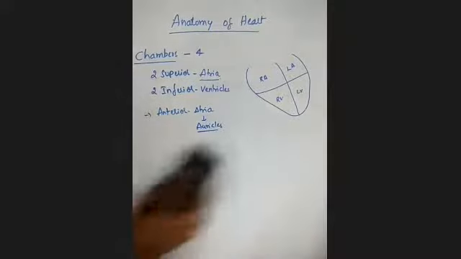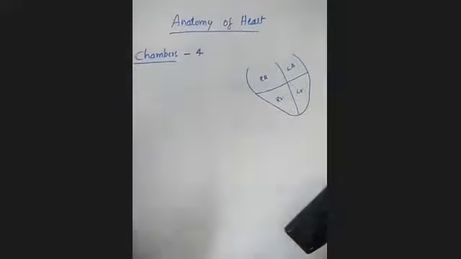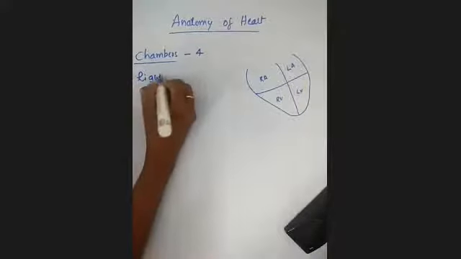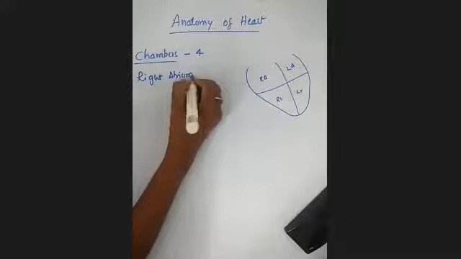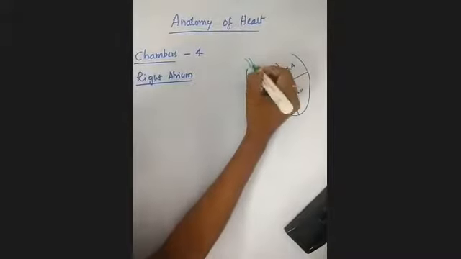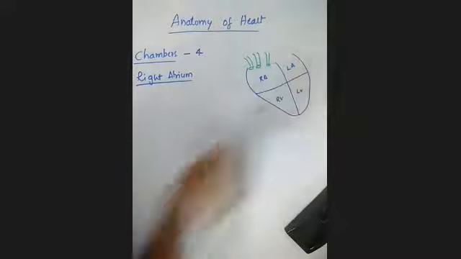First we'll see about the right atrium. Generally this right atrium receives blood from three different veins. For your understanding, I am drawing the picture like this.